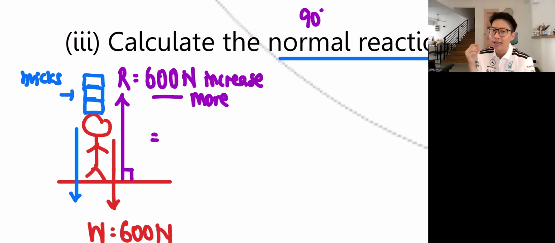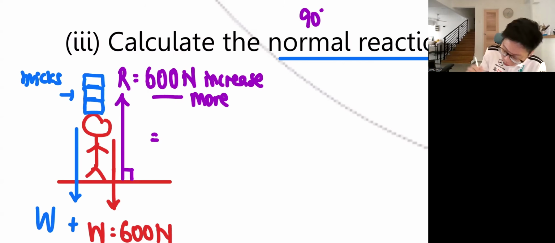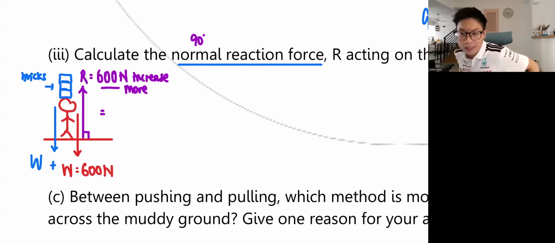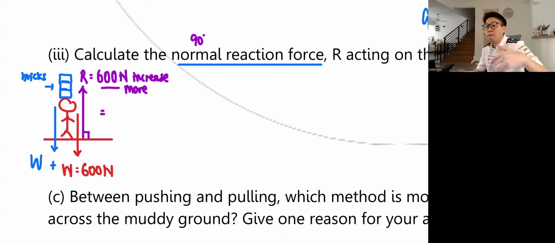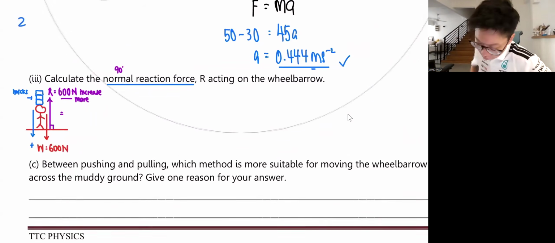So this will now increase because the W needs to add the weight of the bricks as well. So what I want you to get here is that if you have more force acting on the ground, you will get more reaction force. Okay, so now let's go back to this wheelbarrow.